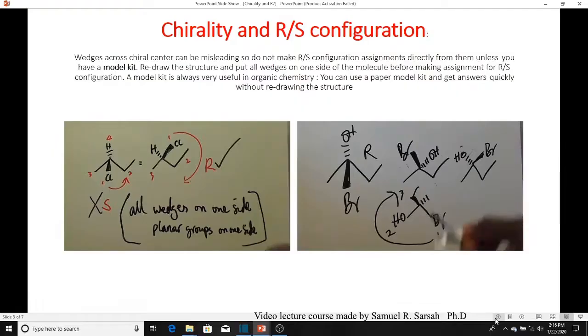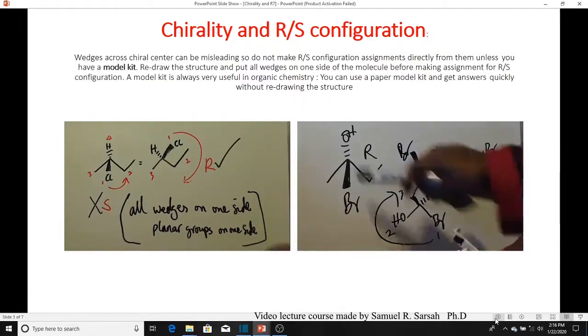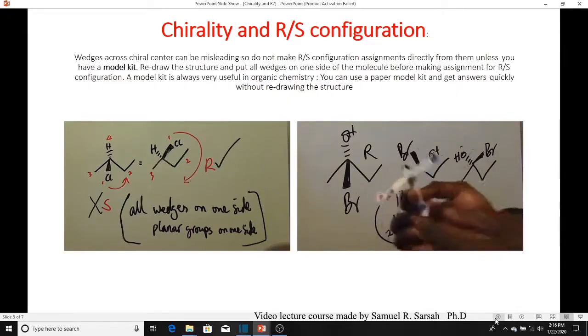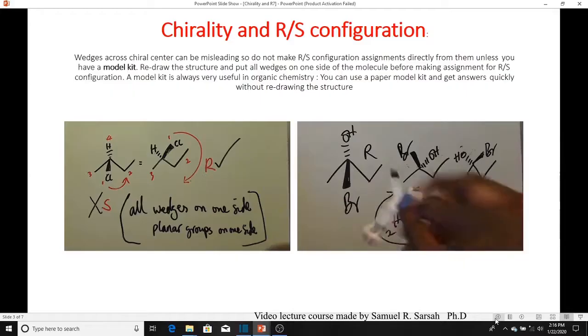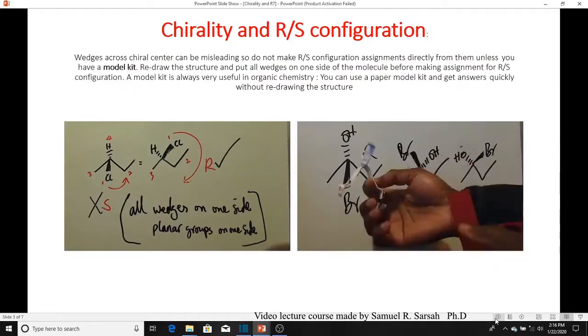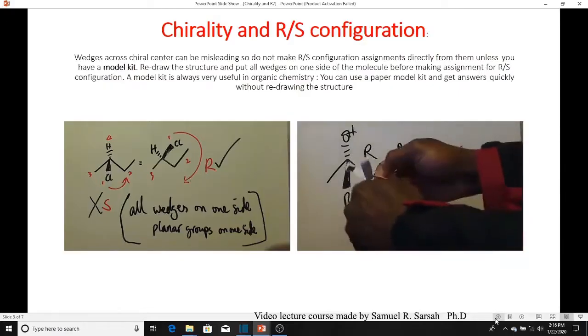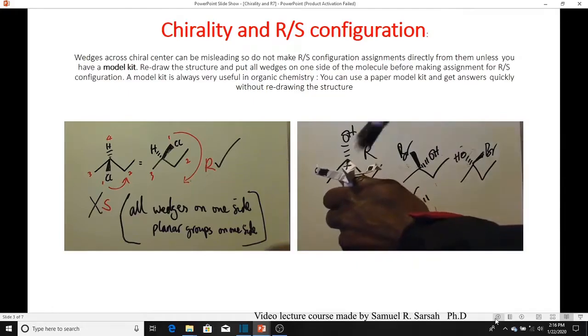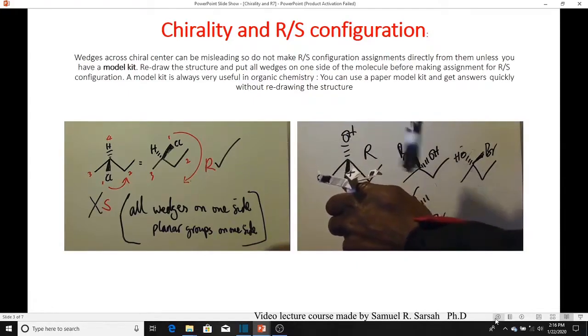Okay, I was trying to find the R and S configuration of the structure. So assuming X is bromine, Y is OH, Q is methyl group, and W is ethyl group. So just hold the lowest priority, and go from my highest to my next highest to my next.